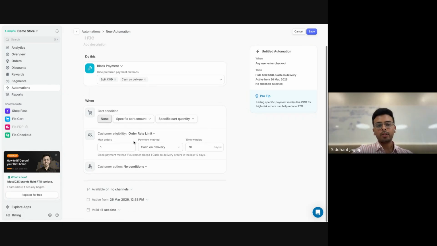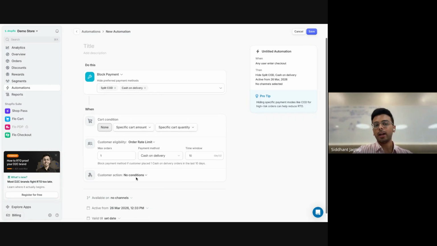These are the pre-purchase controls you can use to reduce RTO, and that's where you try to stop fraudulent people from placing COD orders, or fraudulent emails or phone numbers. You also avoid people based on the Shopflo network intelligence, so you're able to identify who are high-risk customers. But this is a very well-known thing which is already there.